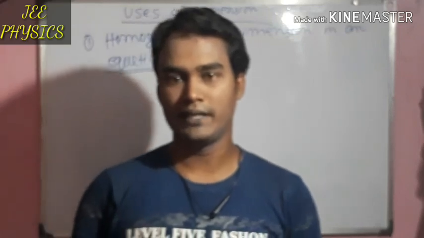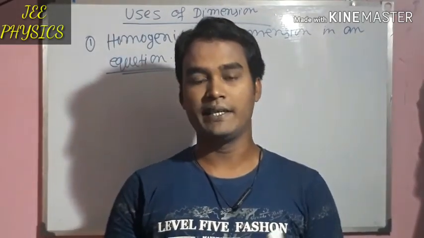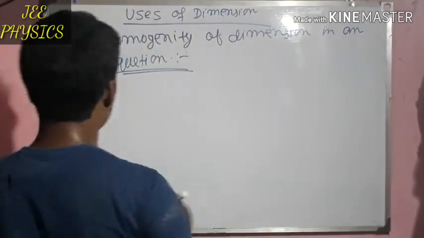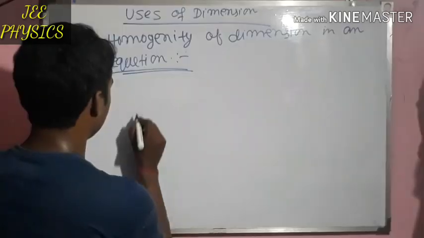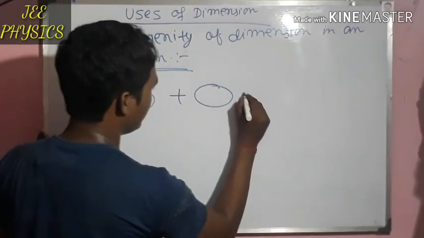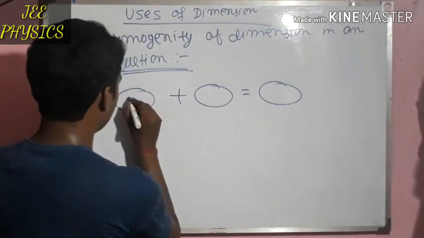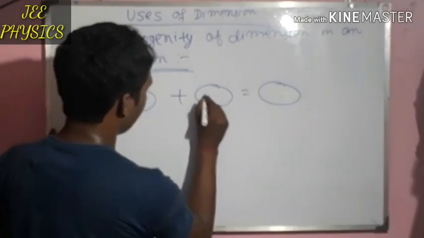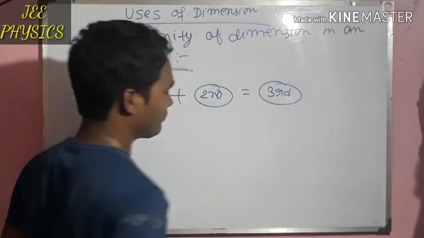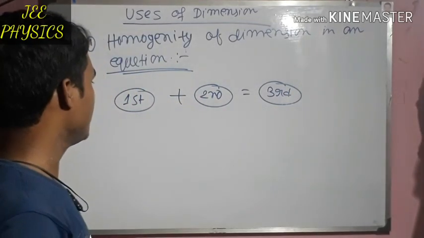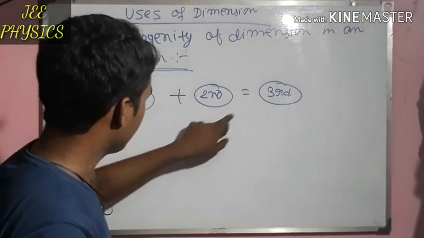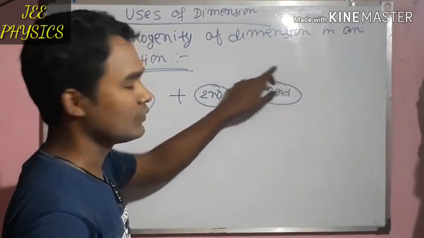We know homogeneity of space, that space is equivalent in all directions. So here, if we have an equation, there is a first term plus second term equal to third term. The principle of homogeneity states that the dimension of the first term, the second term and the third term will be the same.